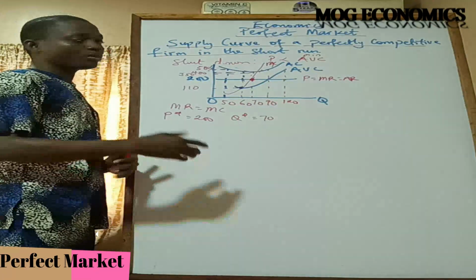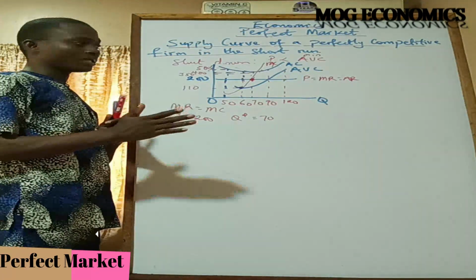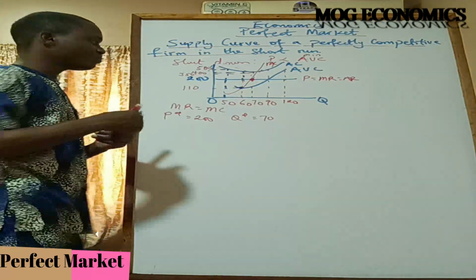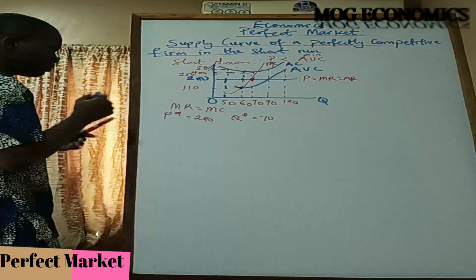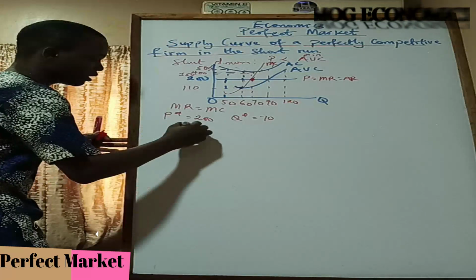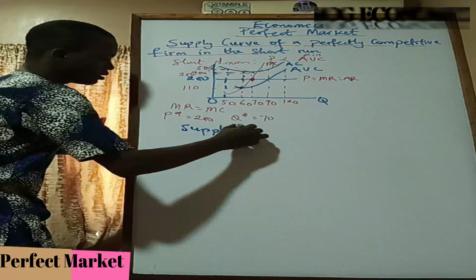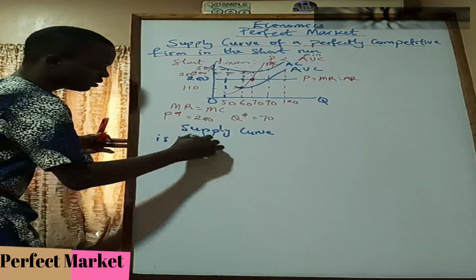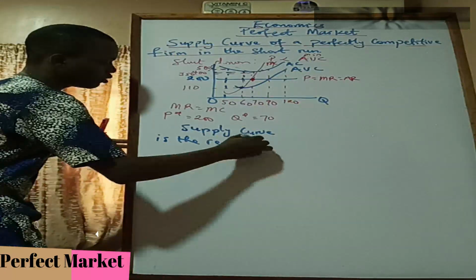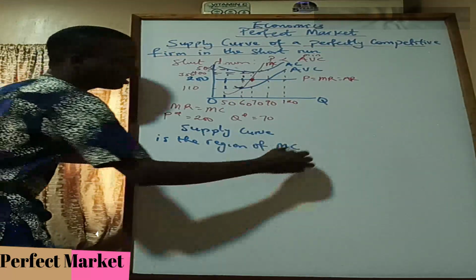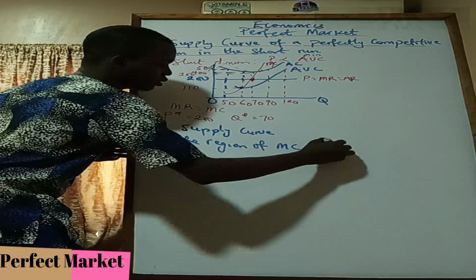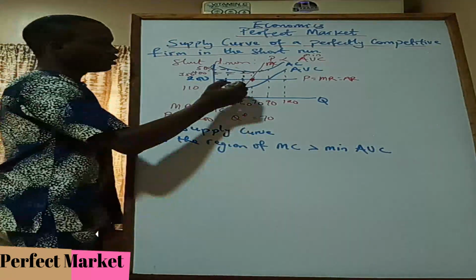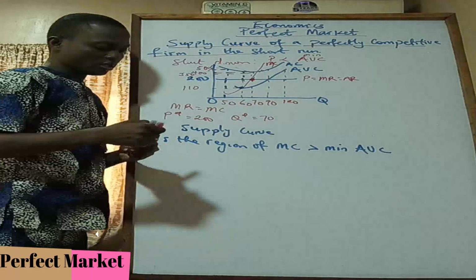So the supply curve of this business, the curve that relates quantity supplied with price, is the region of MC greater than the minimum AVC. That's the supply curve. This one in red is the MC.